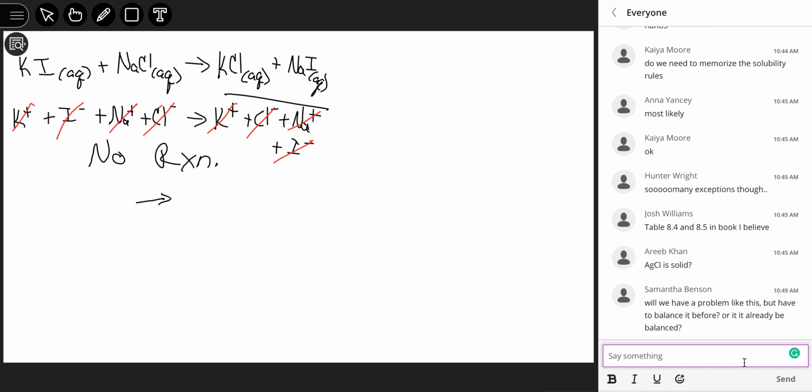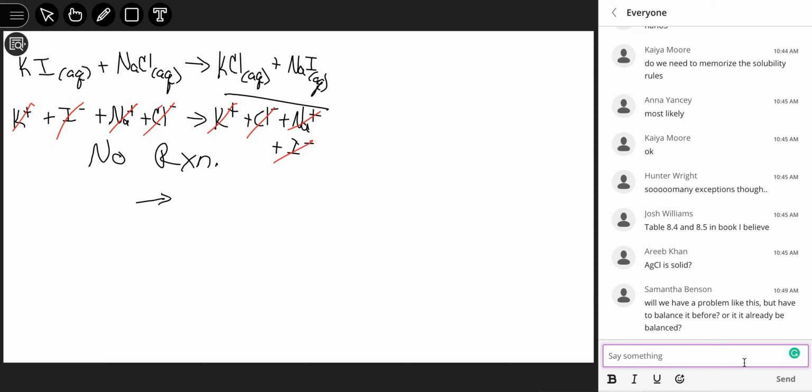Arif, what's your question? Is it possible practically? Is what possible? I mean, you break the equation like K positive, iodine negative. Can you do it like practically that there will be no reaction if we perform this experiment?